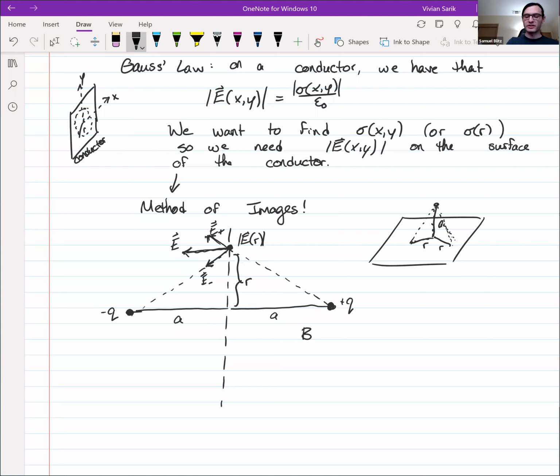So the whole point of this, and what I just explained in words, is that by symmetry, you can flip across the horizontal axis, we have that the magnitudes of the electric fields from each charge are equal. And further, the electric field from the positive charge is just equal to the magnitude of this as a function of r. This r, by the way, does not mean distance.